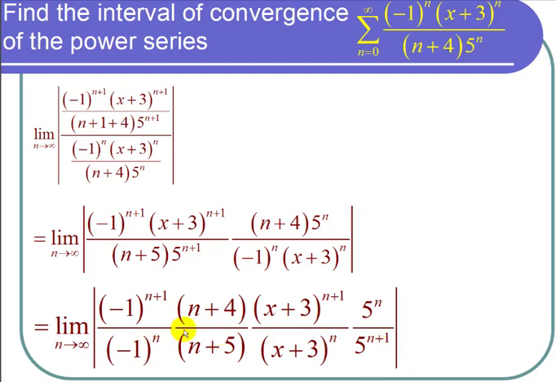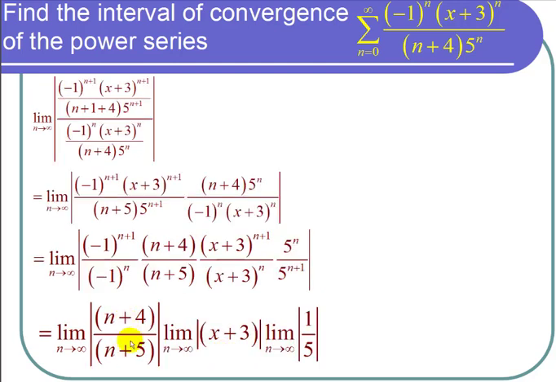So first thing, when we're taking absolute values, -1 to a power is always just 1. So these actually go away. And the (-1)^(n+1) over (-1)^n in absolute value is just 1, and it disappears. For the rest, I can have (n plus 4) over (n plus 5), and I'll write that as a separate limit.